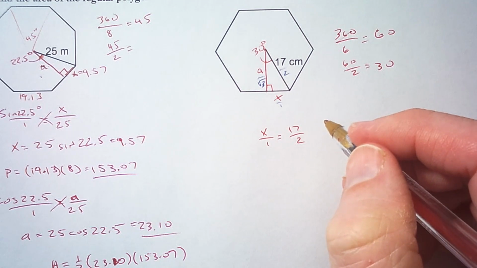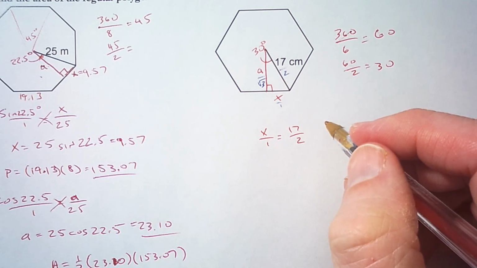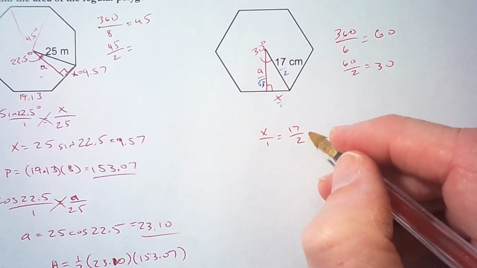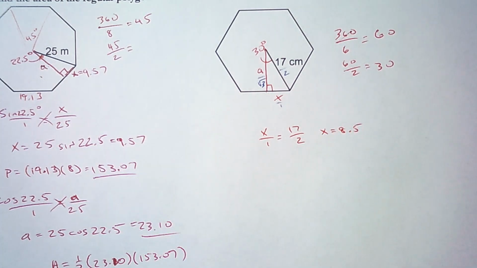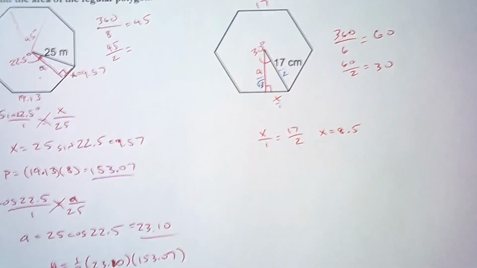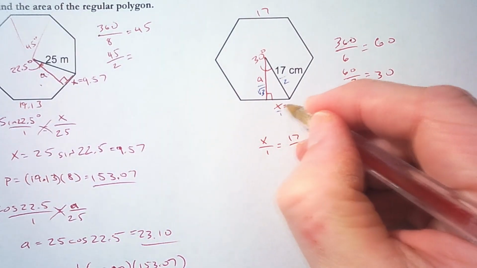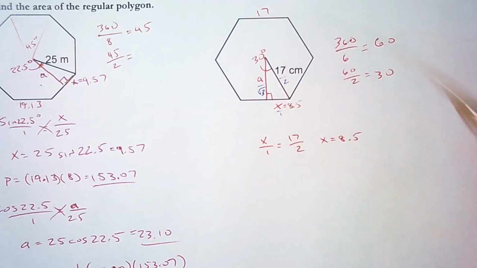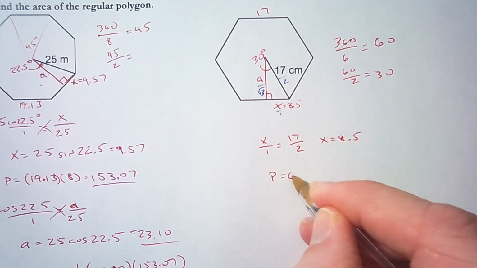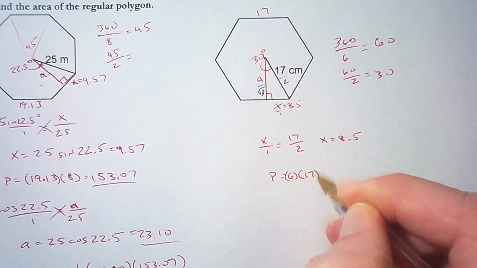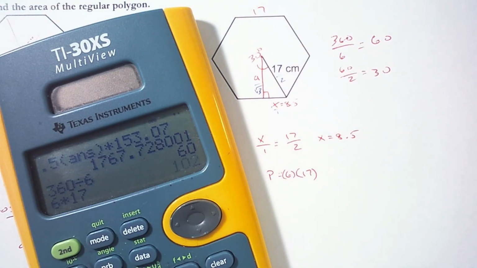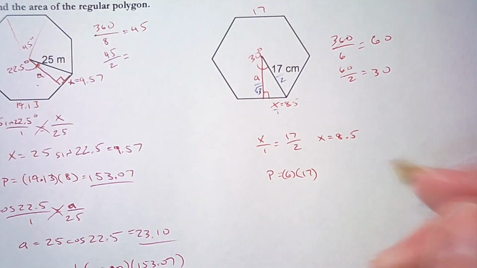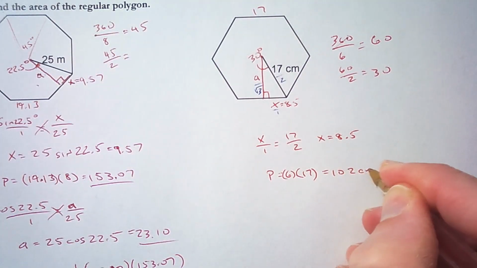Now 17 over 2 can be simplified to 8.5, so x is 8.5. That means an entire side is 17, so the perimeter is 6 times 17, and that is 102. So the perimeter is 102 centimeters.